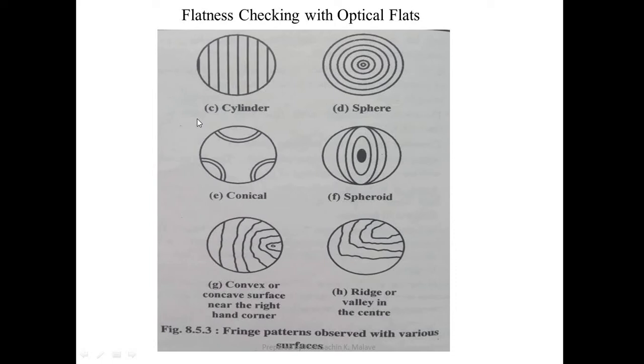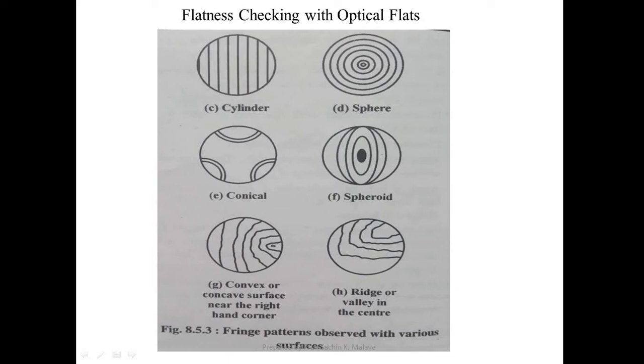Whatever surface you want to check, you just place the optical flat on the surface to be checked. The optical flat will not form a close contact, or intimate contact, with the metal surface.